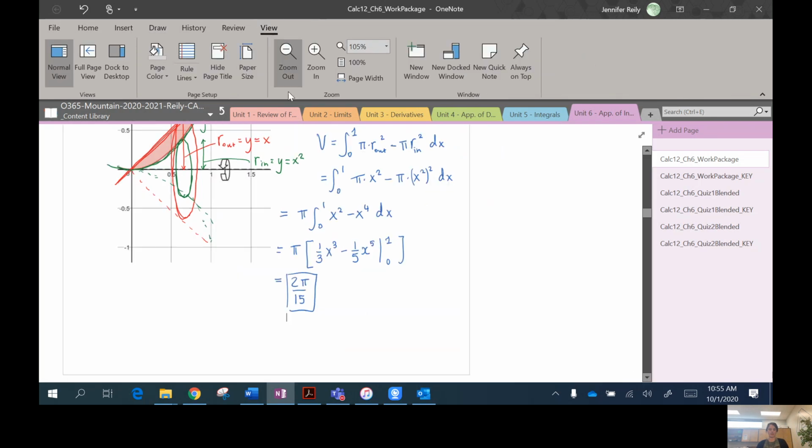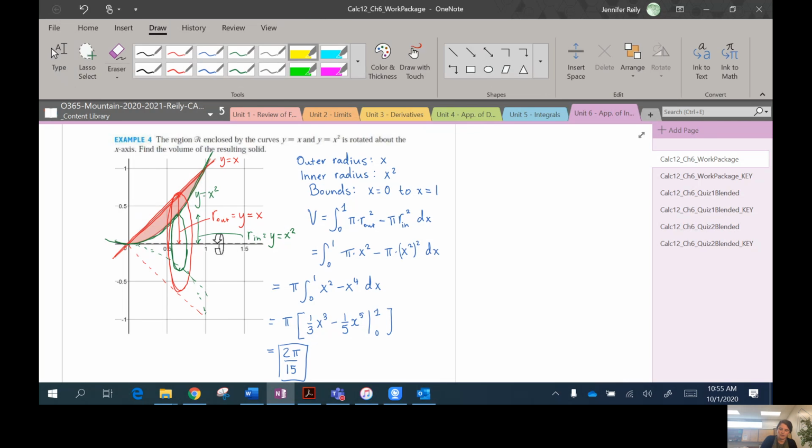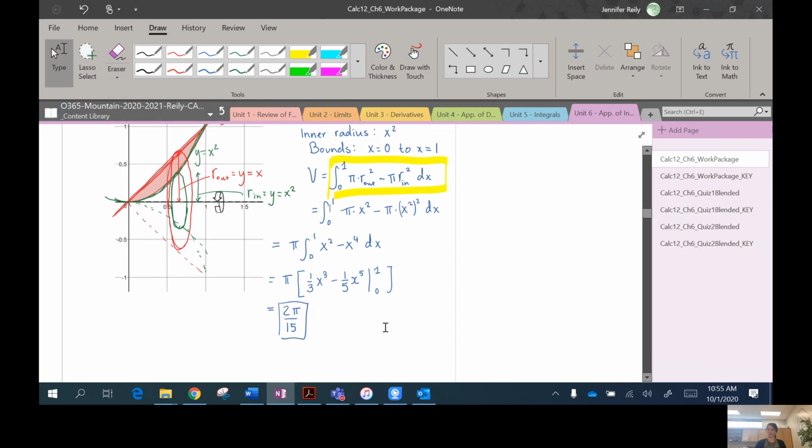Okay, so let's just review. This is the formula that you want to use every time with your volume of washers. You calculate the outer disc and subtract the inner disc because it's being hollowed out. Our outer radius was x, our inner radius was x squared, and then we completed the integral.